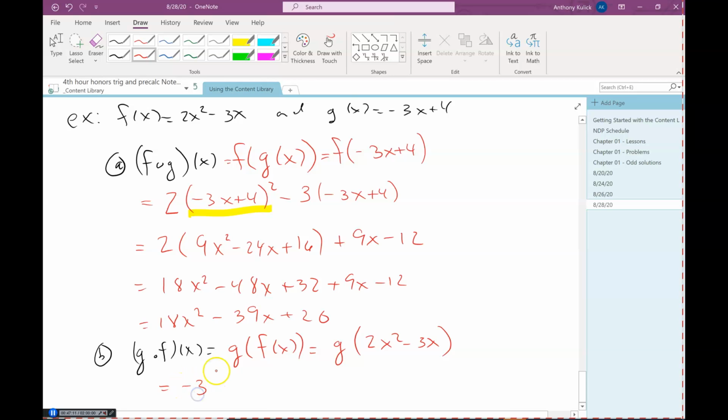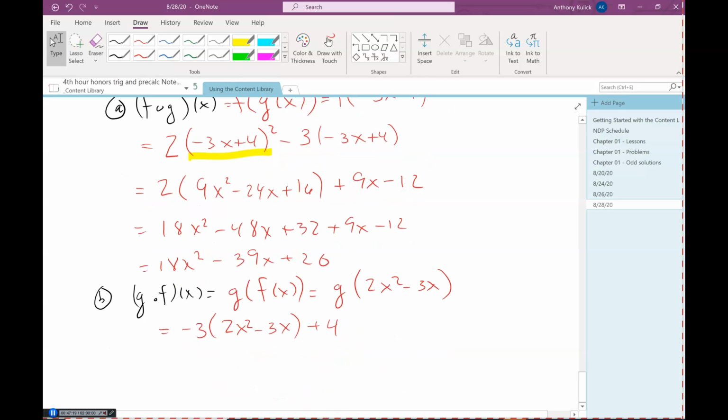So negative 3, but instead of my x, I'm going to write 2x squared minus 3x, and then I have the plus 4. And this is so much nicer because look, there's no foiling to do. I can just distribute the negative 3. And there's not even any like terms to combine, so I'm done.